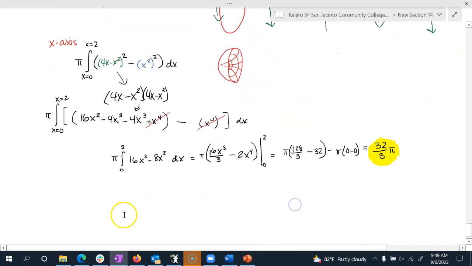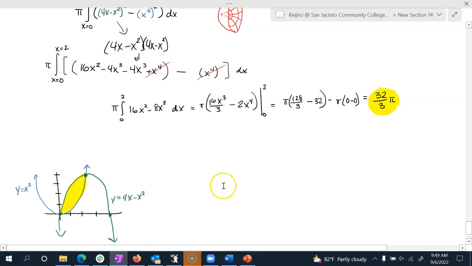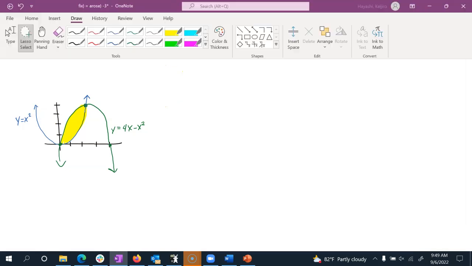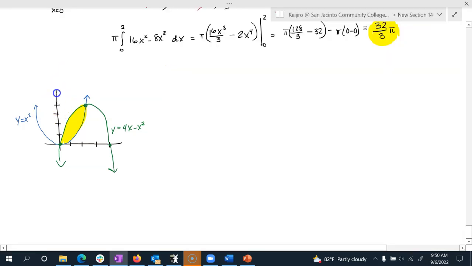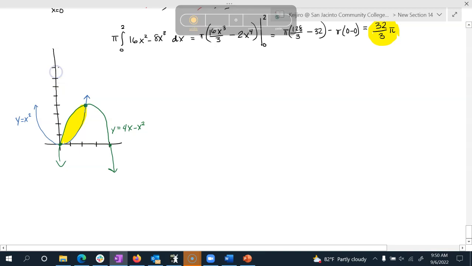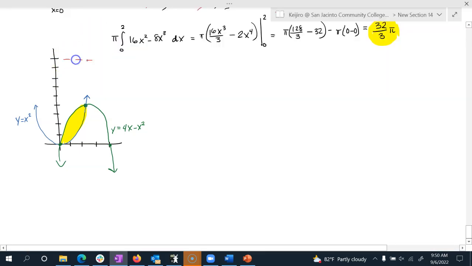That is to say, what if instead of rotating around the x-axis, we actually rotated around 5, 6, 7, 8, 9. What if we actually rotated around here?